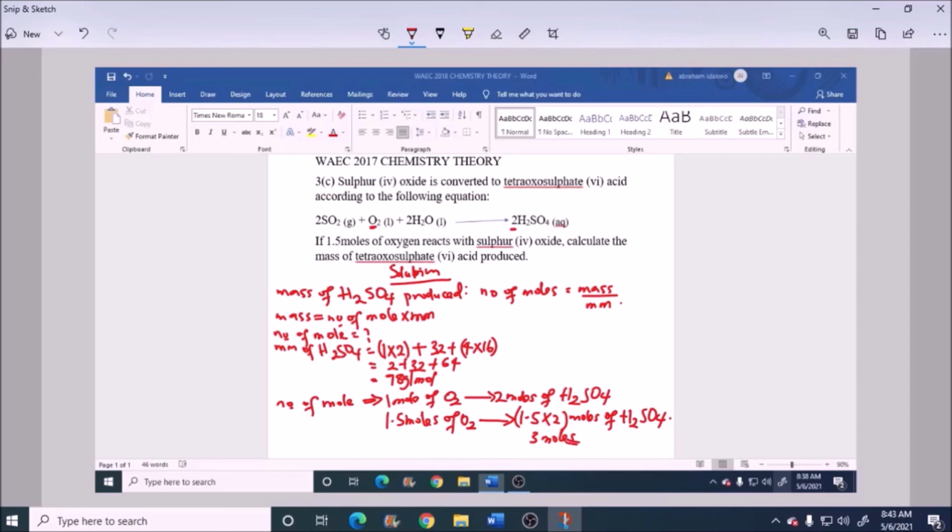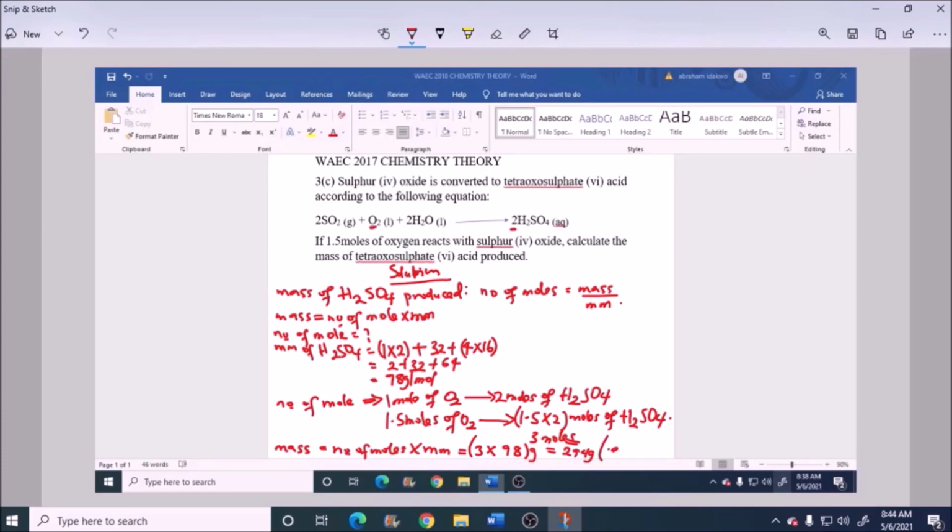Then from the formula above, mass equals number of moles multiplied by molar mass. We have calculated the number of moles to be 3, and the molar mass to be 98 gram per mole. When we multiply 3 by 98, we have 294 gram.